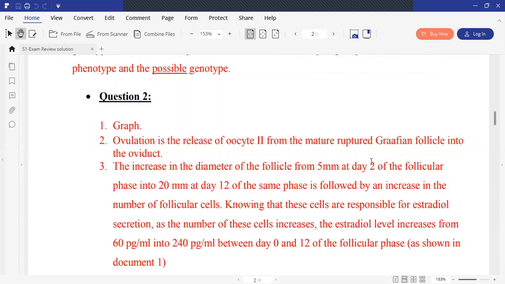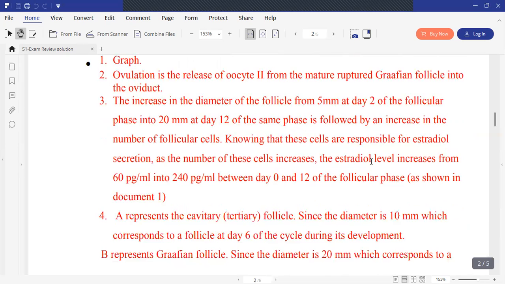So as the number of cells increases, the estradiol level increases from 60 picogram to about 240 at day 12, as shown in document 1.